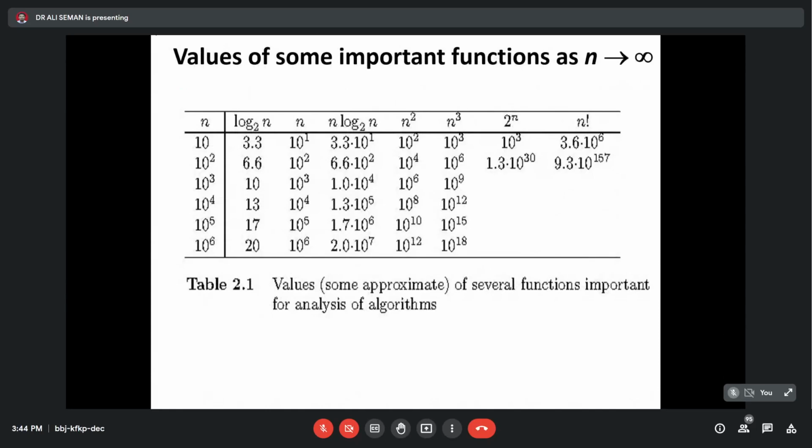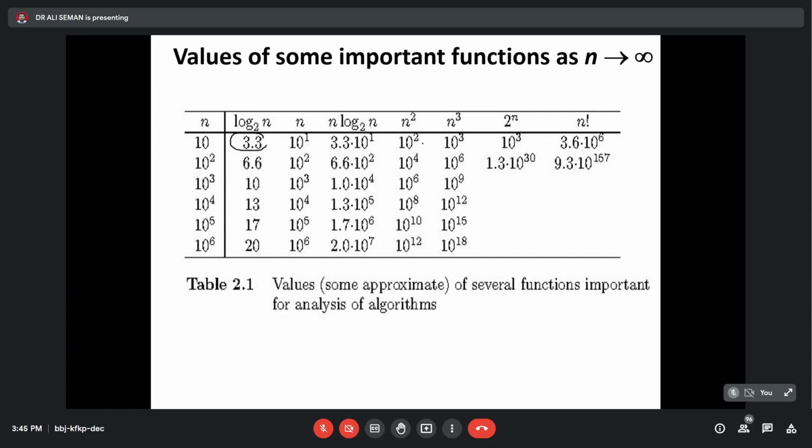Okay, look at this. Maybe from there you can understand. This is n. When we increase n, let's say n equal to 10, log 10 here is 3.3. Let's say milliseconds, we can consider 3.3 milliseconds only to complete the process. And n log n is 3.3 times 10.